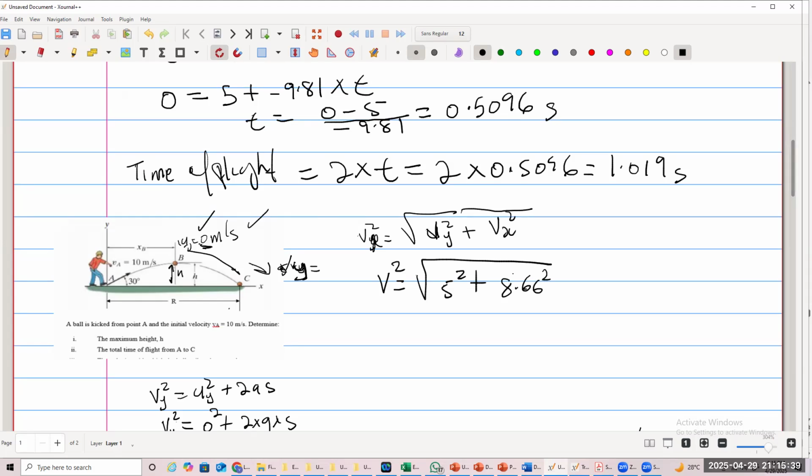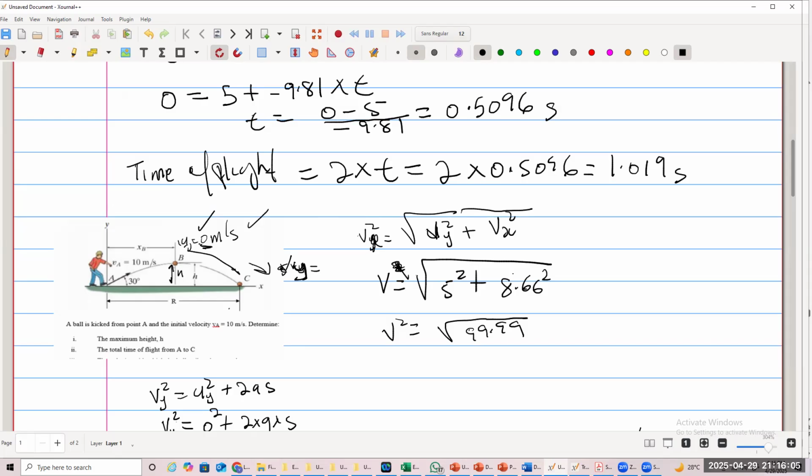So it's going to be 5 square plus 8.66 square, and that gives you V square, so take the root. It gives you 99.99. When you root that, what you get, guys?